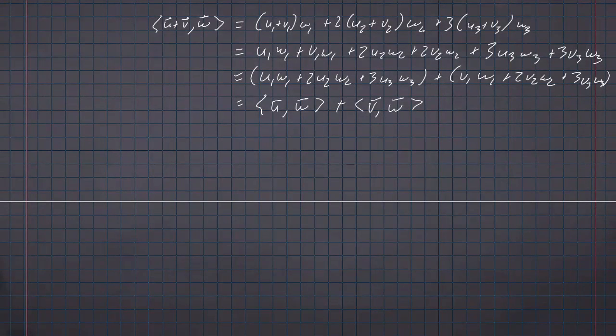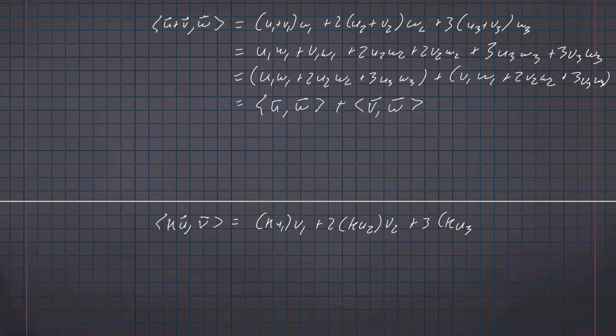We next want to look at the property of homogeneity. So we want to take the inner product of ku with v, which is going to be ku1 v1 plus 2 ku2 v2 plus 3 ku3 v3.